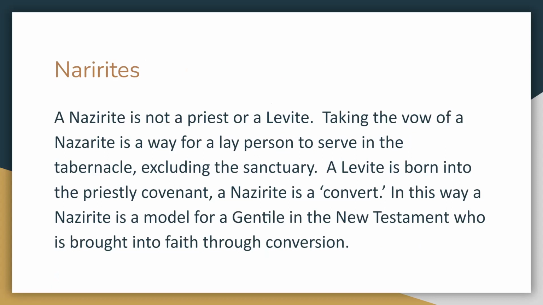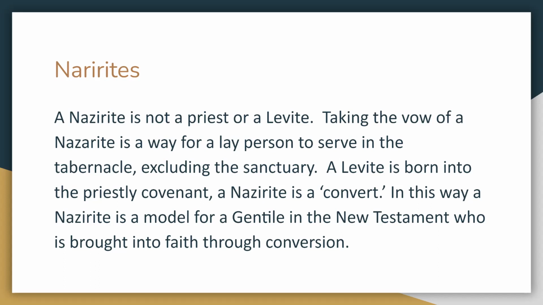So a Nazirite is not a priest, and they are also not a Levite. Taking the vow of a Nazirite is a way for a lay person to serve in the tabernacle, excluding the inner sanctuaries. A Levite is born into the priestly covenant, but a Nazirite is a convert. In this way, a Nazirite is a model for a Gentile in the New Testament who is brought into faith through a conversion.